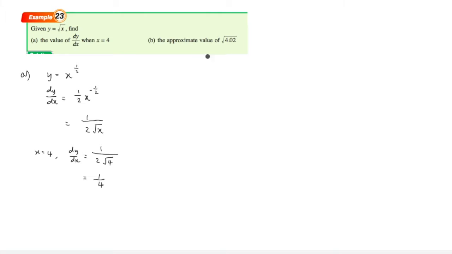Now, the approximate value of this. Okay, see, originally square root of 4 becomes square root of 4.02. So for part B, we need to find the delta x first. When x equals 4, your y equals square root of 4. But now the question asks about 4.02.